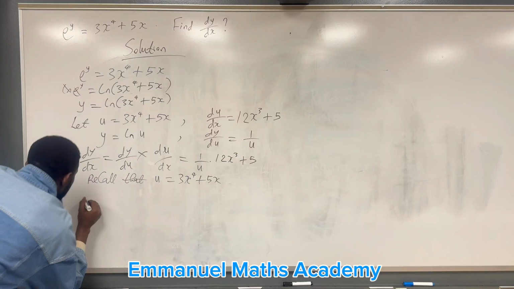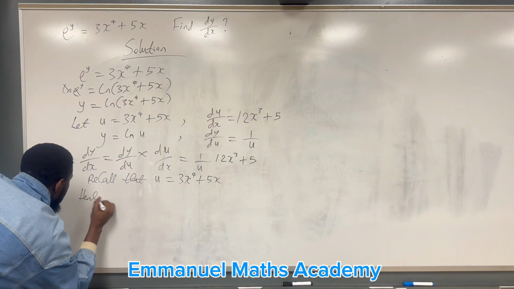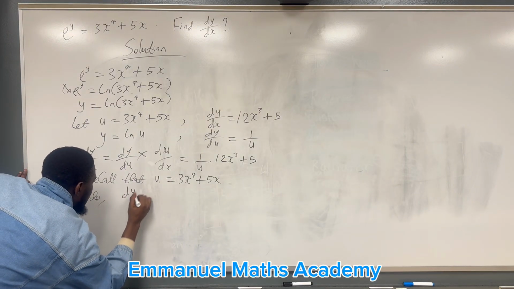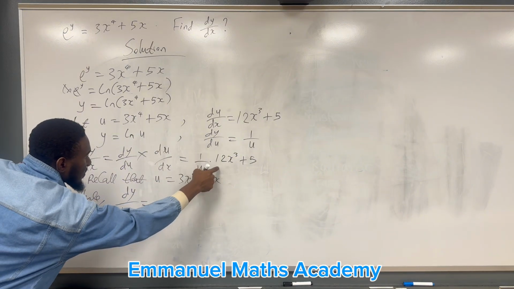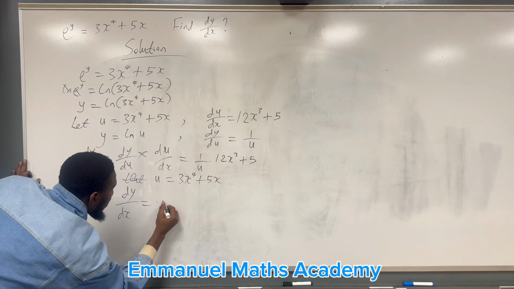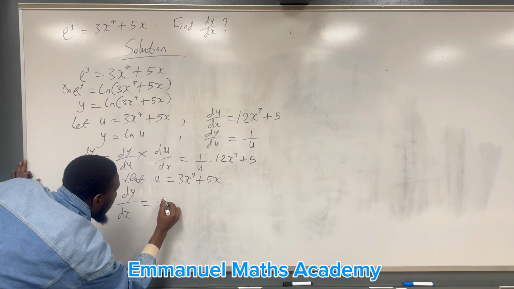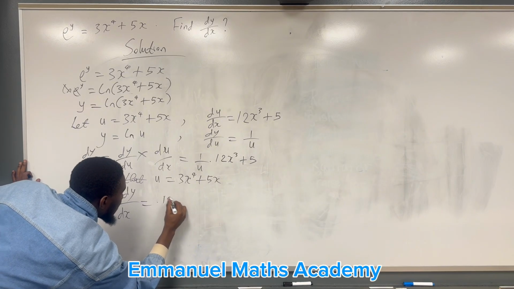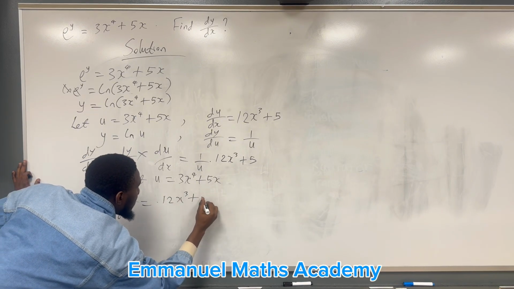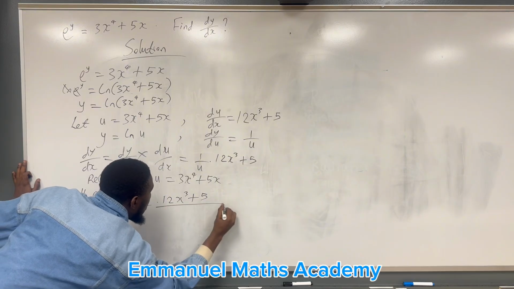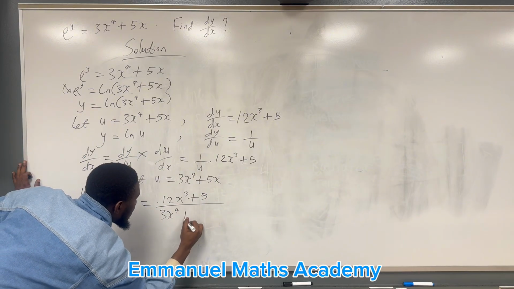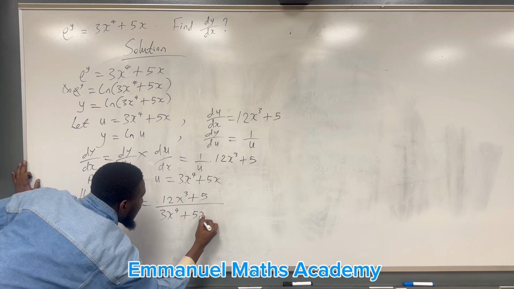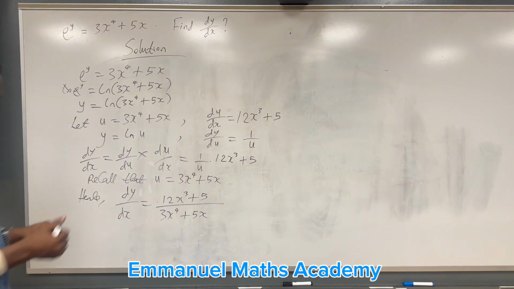Hence our dy/dx is equal to 12x³ plus 5 over u, which is 3x⁴ plus 5x. As simple as that. This is your final answer.